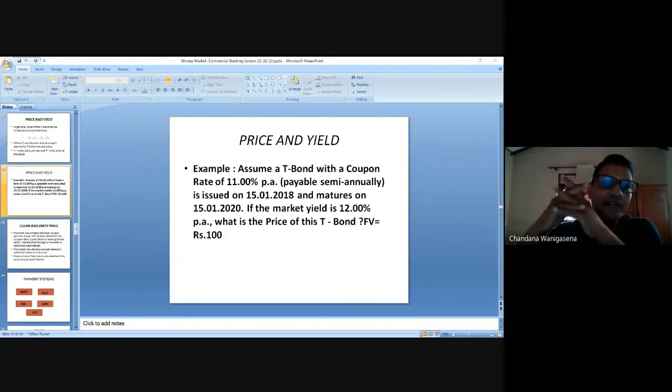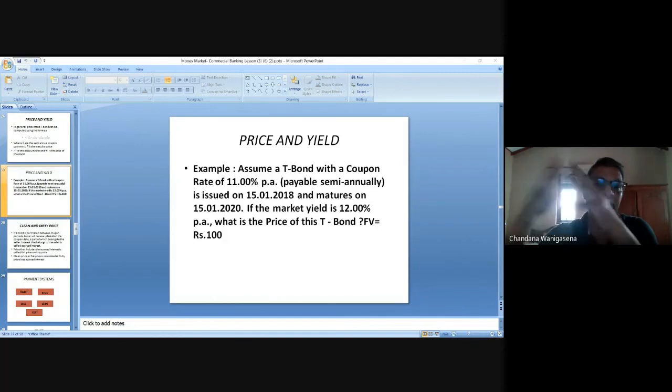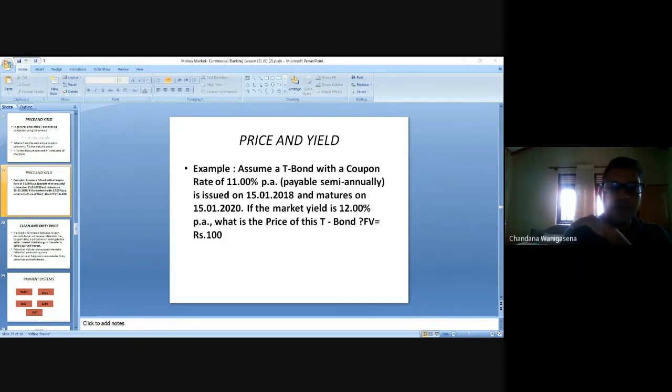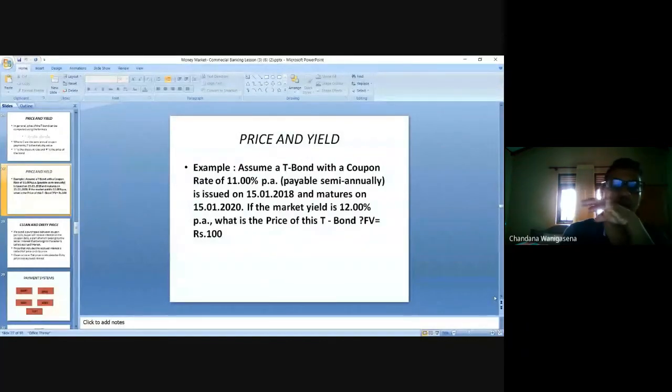The discounting factor: the yield is 12% per annum, but since we take the present value of every 6 months, we take the 6 months yield, which is 6%. We take 6% as our discounting factor. That's how we calculate. When we add up all the cash flows, the present value of all the cash flows equals the price of a bond.